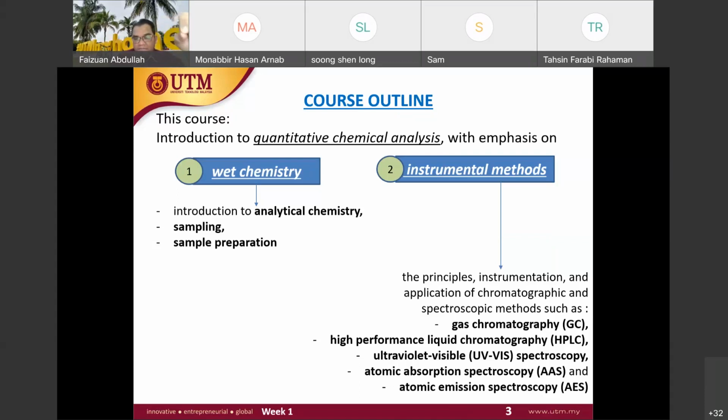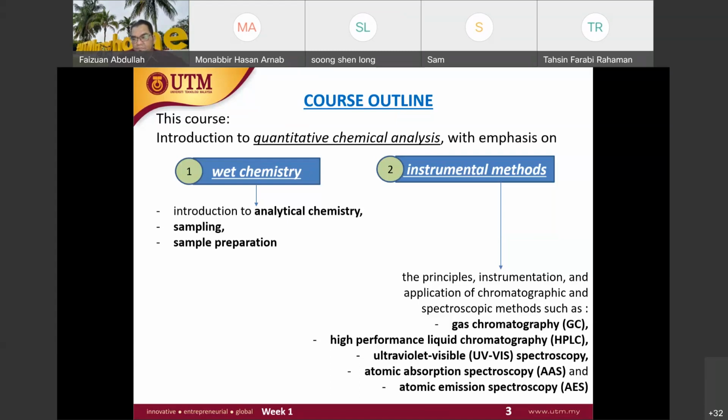If I ask what is the analyte, it is qualitative, right? Is it there or not? That is qualitative. And how much is the analyte? So all these instruments were invented by human beings only to know what the analyte is, whether it exists or not, and how much it is.